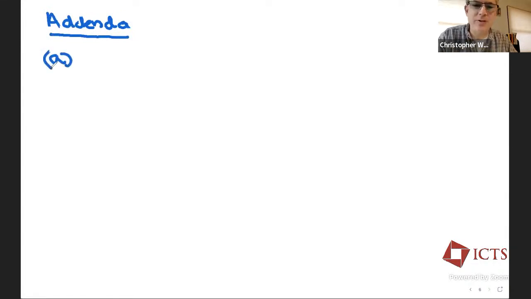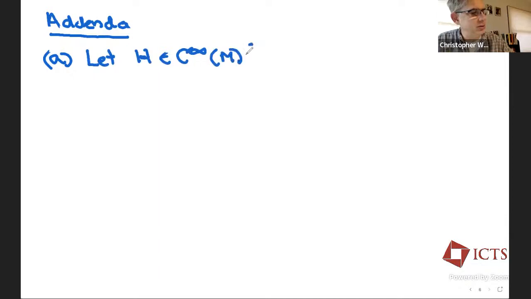Okay. So there are two addenda to this theorem, and one is what happens when you take Hamiltonian flows upstairs. So suppose I have a Hamiltonian upstairs, where the superscript means G invariant.